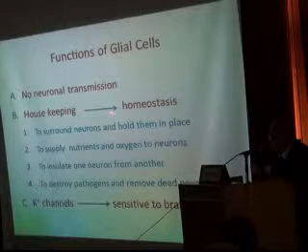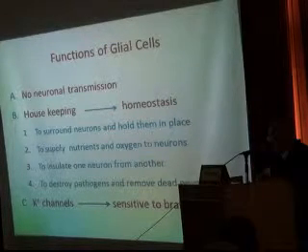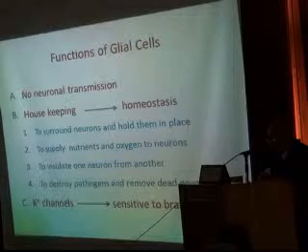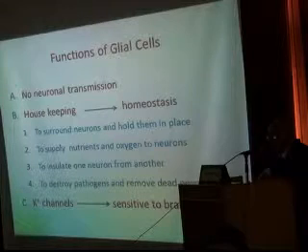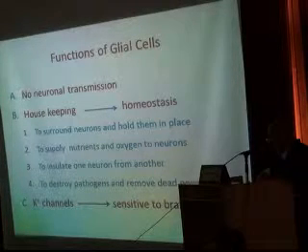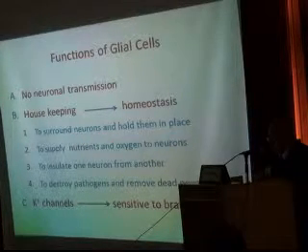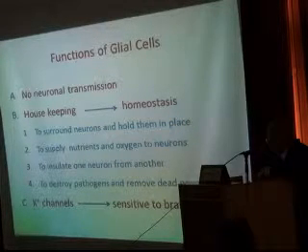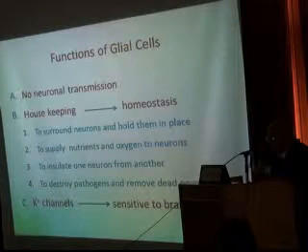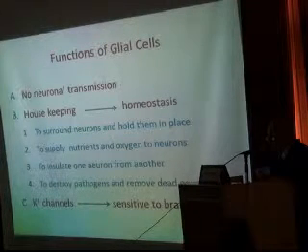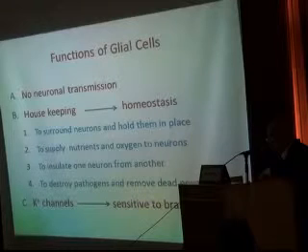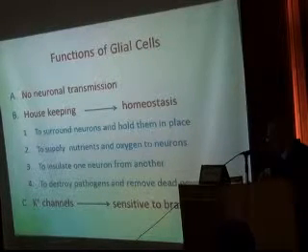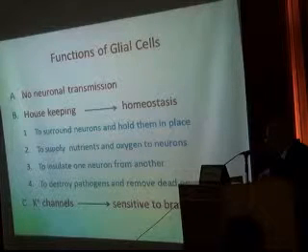Scientifically, the glial cells are responsible for the homeostasis of neuronal function. They surround the neurons and hold them in place, supply nutrients and oxygen, insulate one neuron from another by myelin sheath production, destroy pathogens and remove dead neurons. So like macrophages in a way.